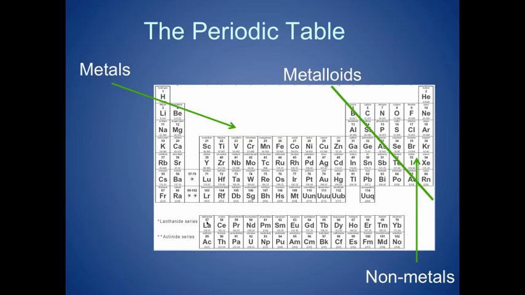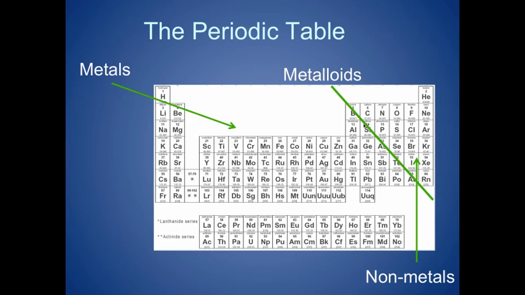Now, another way to classify the periodic table is by the type of element. There's three main classes of elements. You've got metals, which are the majority of the elements. It's about 80% of the elements that exist are metals. You have nonmetals over here on the right-hand side. And then this middle area here are the metalloids. And it's kind of a staircase on the way down.